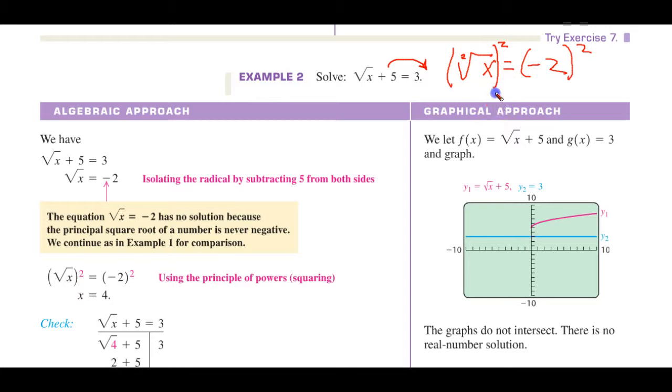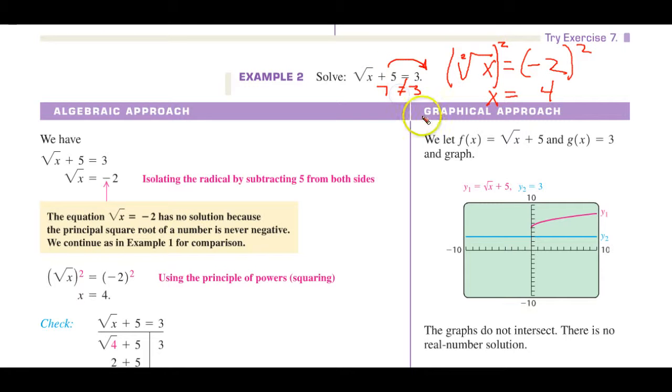That just gives us the radicand, and we get 4. Now, when we put our 4 back in the original equation, the square root of 4 is 2. 2 plus 5 is 7.